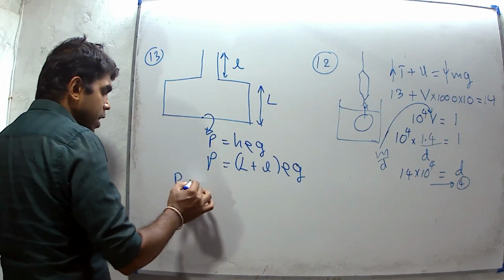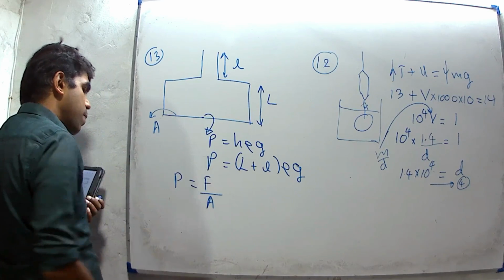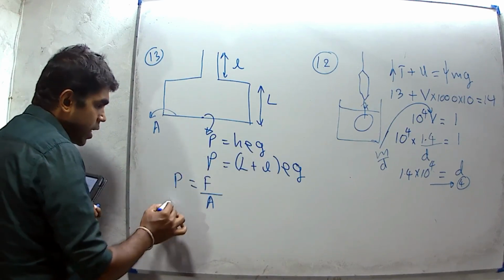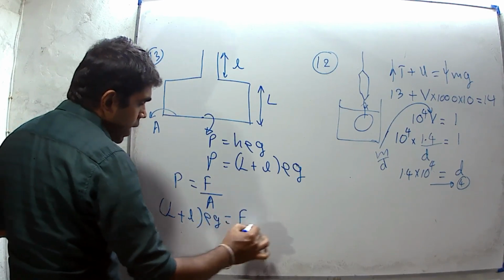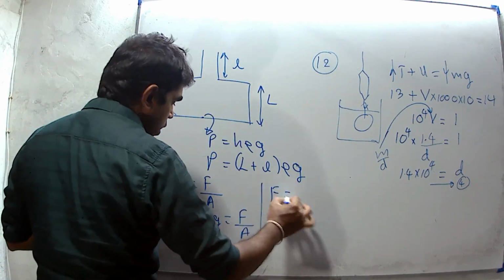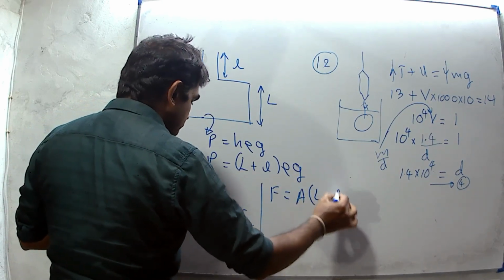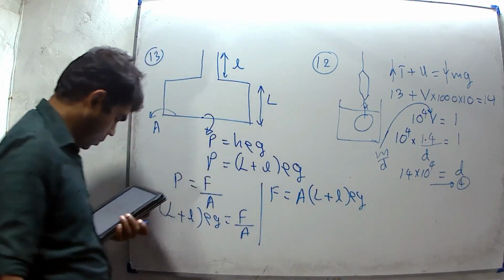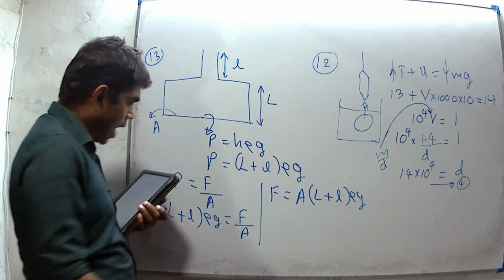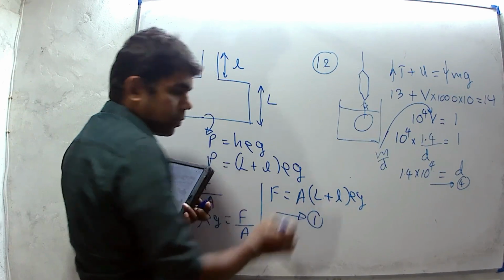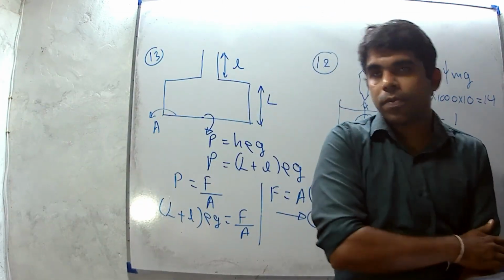Then we know that pressure equals force divided by area. This area is given as capital A. Then we can substitute pressure, L plus L, rho g, equals force over area. Now we can make force the subject: capital A into L plus L, rho g. Then the answer is 1 for question number 13. They have not considered the atmospheric pressure.